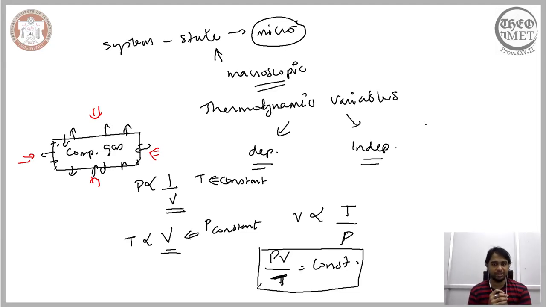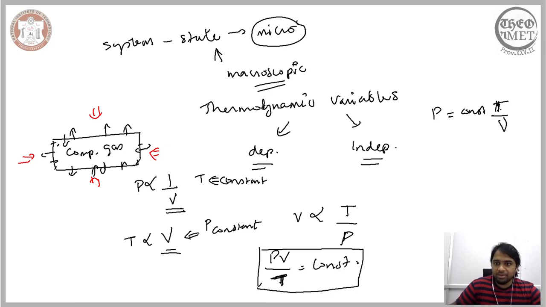You can treat pressure as the dependent variable, constant into T by V. So you have your constant and this relation here, and you can treat any variable as the dependent variable, and the other two variables as independent variables. The reason this flexibility is important, even though based on the law it is very clear that volume is the dependent variable.